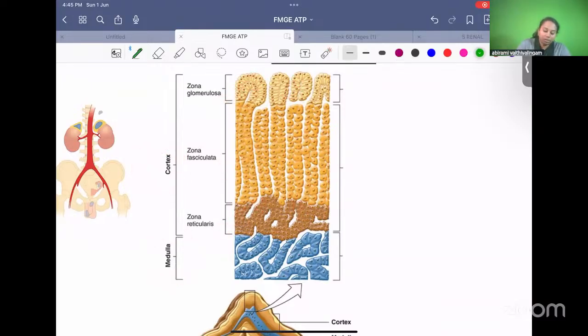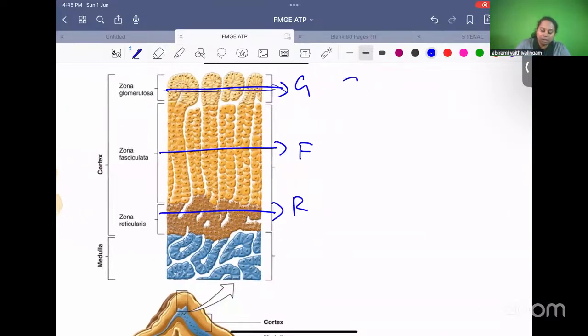Now, what are the hormones produced? Zona glomerulosa, fasciculata, reticularis, GFR. The hormones are salt, sweet, and sex. GFR for salt, sweet, and sex.